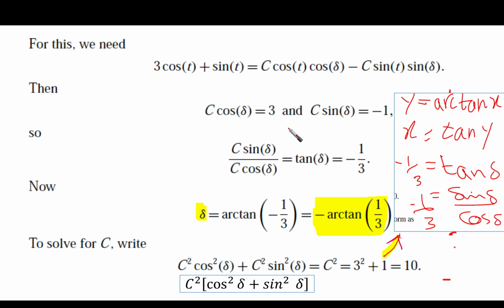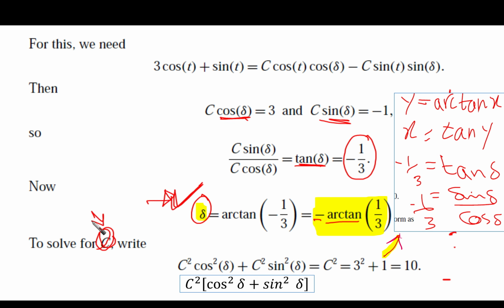So now we can obtain delta because we have cosine delta here, we have sine delta here. By dividing, we can obtain tan delta. It is minus 1/3. This means that delta would equal minus arctan 1/3. To solve for C now, the second parameter is C. Already delta is given, that delta already obtained.